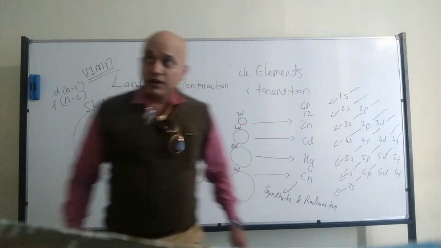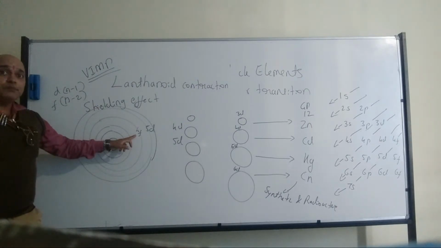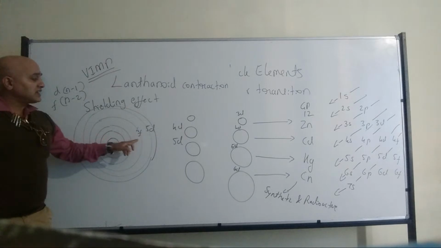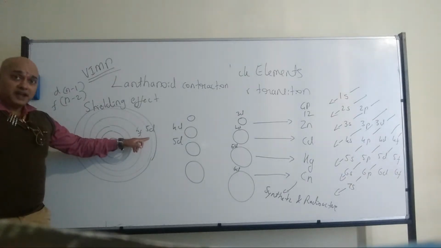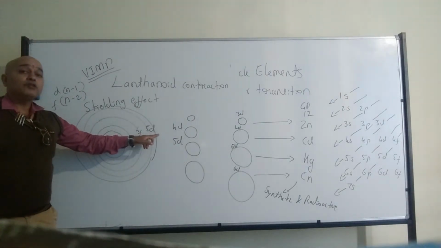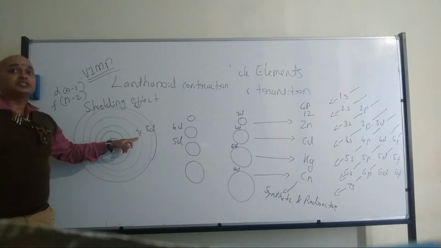So when we talk about F subshell electrons, they will have less shielding effect on the outer shell electrons. To some extent even 5D has less shielding effect on the outer shell electrons, but 4F will have very little shielding effect.